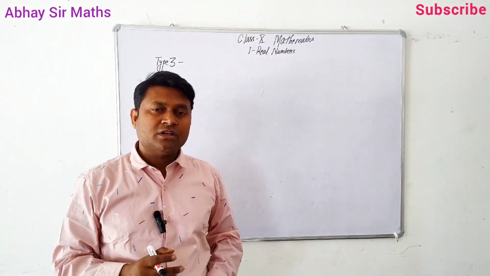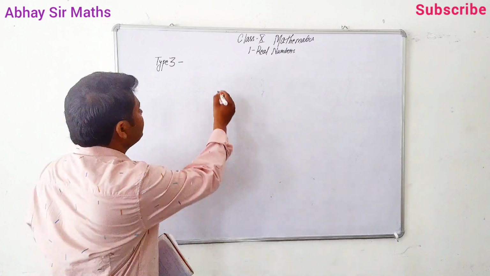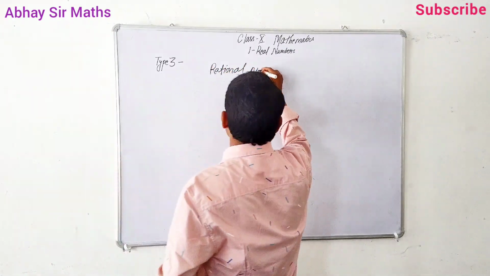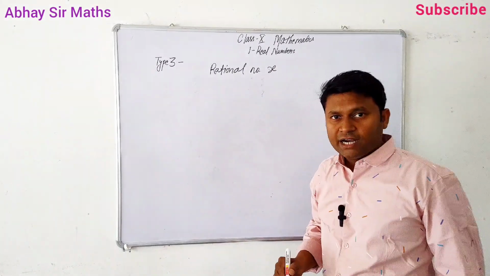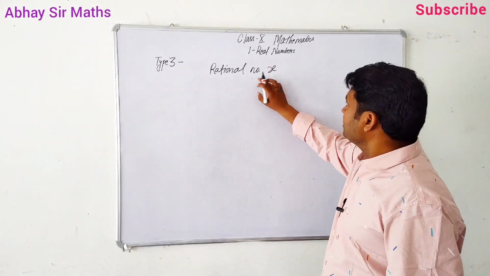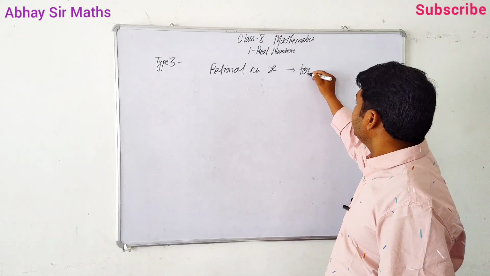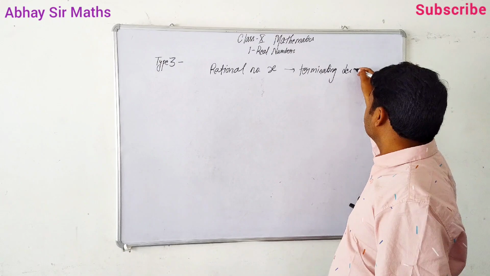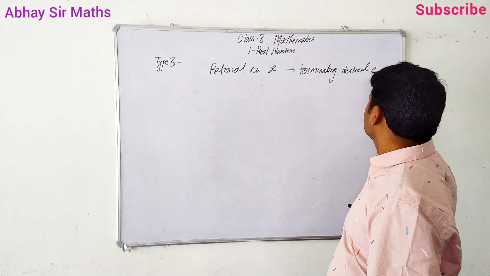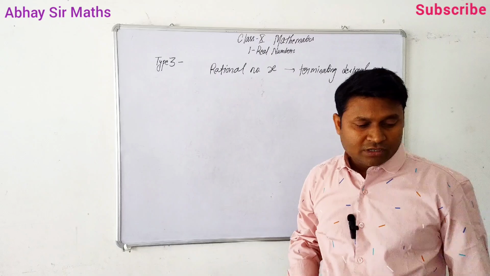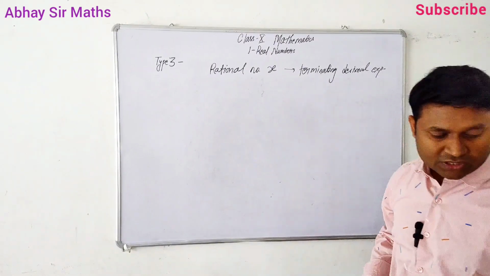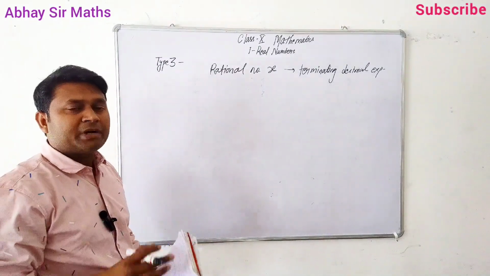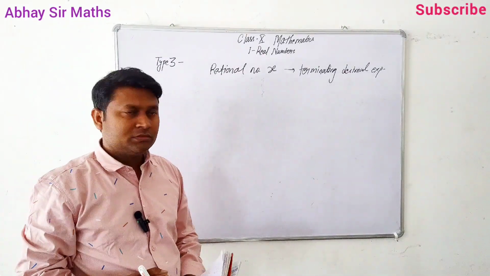Suppose there is a rational number x. And you know rational number x is having terminating decimal expansion. So what is the unique thing about the prime factorization of q?